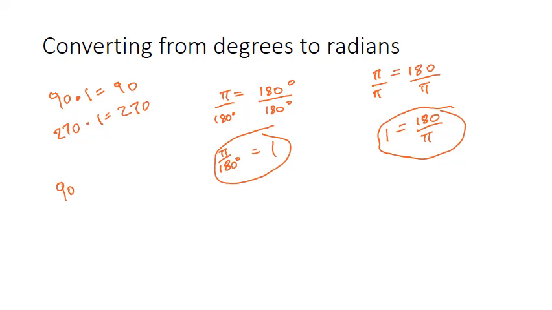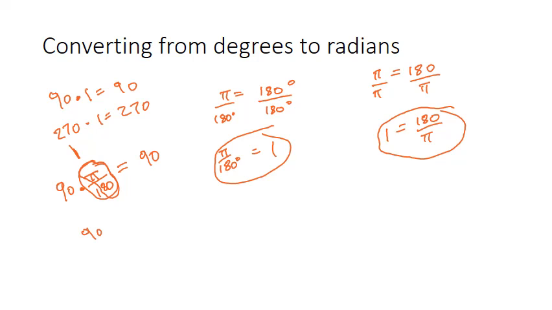We could say 90 times one of these. Let's say we chose the one on the left, pi over 180, and we know that this is basically 1, so it's still equal to 90.